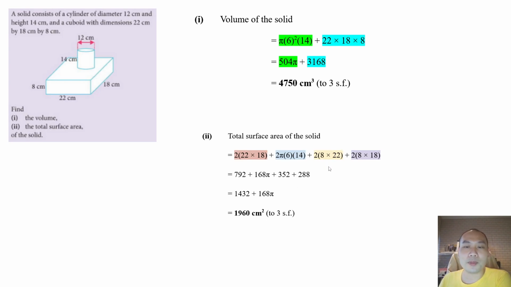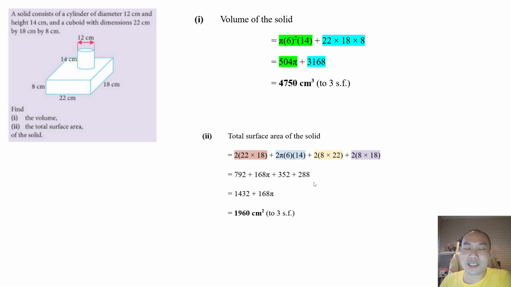Then the part highlighted in yellow will be 8 times 22, that will be the side view. And then we have 8 times 18, the other side view, right? The bar in red is the top and bottom. Then we have the curved surface area, the front and back, left and right of the cuboid. So all the various parts we need to account for.